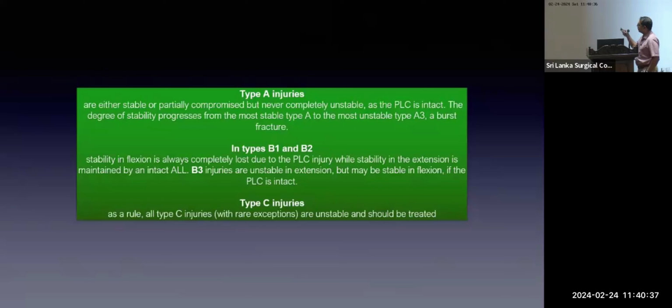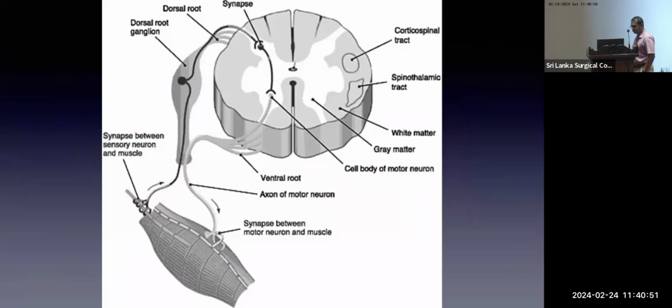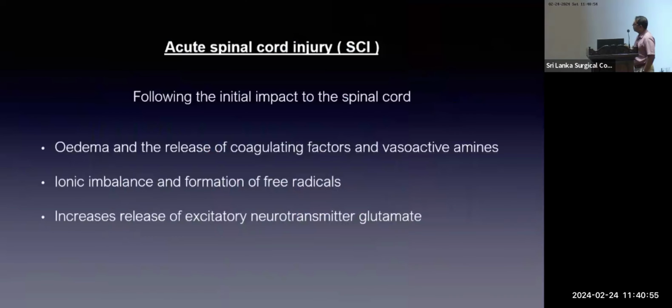Type A injuries, type B injuries, type C injuries, right? So this is a very high-level classification. So I won't dwell into that. I'll just skip it. Now this, I think, someone has gone through it.